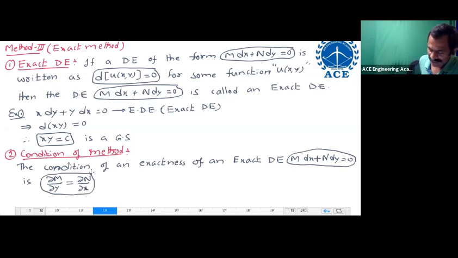It's a condition for exactness. For a given M dx plus N dy equal to 0, if this condition is satisfied, we can say that it is exact. If it is exact, we can write the solution by our shortcut method.